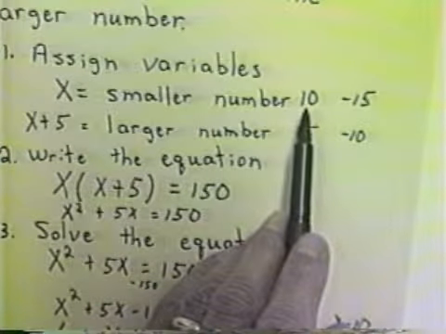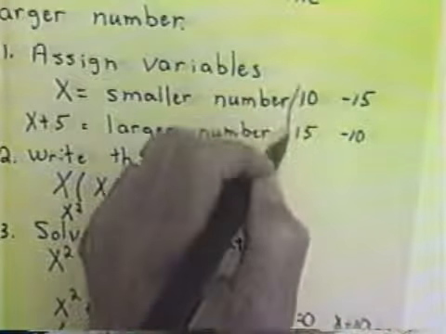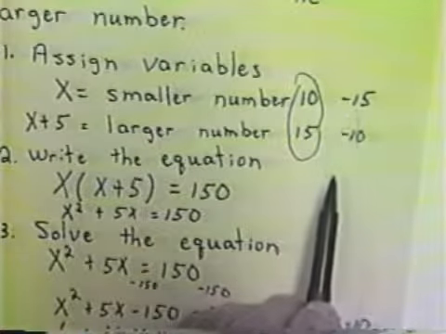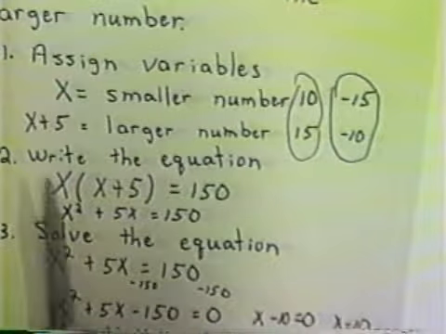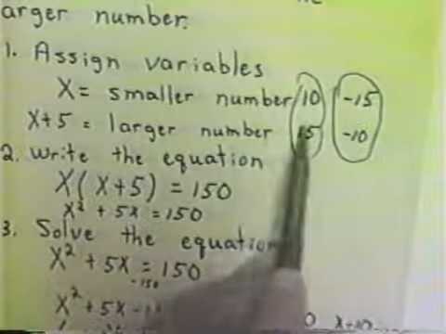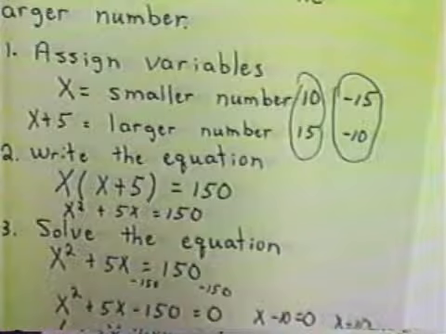Now if the smaller number is 10, then the larger number is 15. So these two go together. If the smaller number is negative 15, then the larger number is negative 10. Now of course the way I get the larger number is simply add 5 to the smaller number. 10 plus 5 is 15, and negative 15 plus 5 is negative 10.